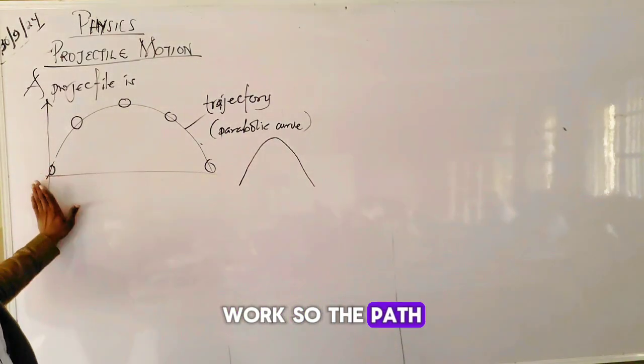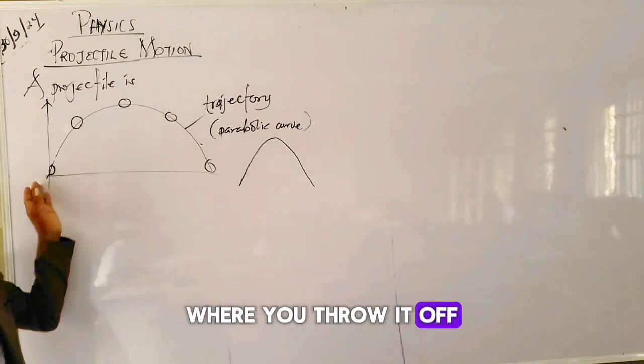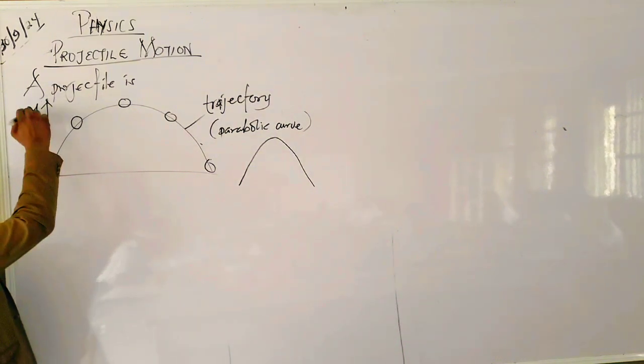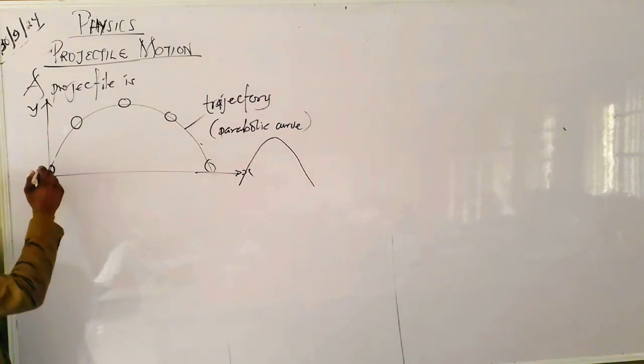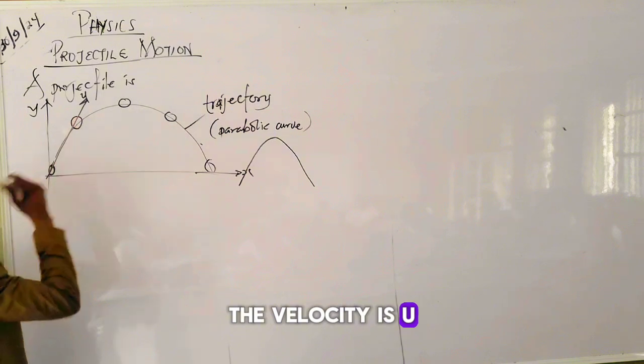So the path taken by a projectile, when you throw it up, something happens. This is the y-axis and this is the x-axis. You throw it with a certain velocity, the velocity is u.